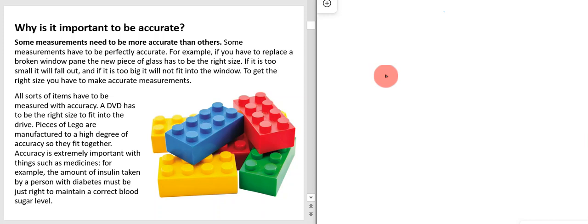For example, the amount of insulin taken by a person with diabetes may be just right to maintain a correct blood sugar level. Somebody that has diabetes, their body is not producing enough of this substance called insulin. Insulin basically breaks down sugar in the blood. With the insulin not working properly, imagine you have a blood vessel like this, with normal healthy blood flow.